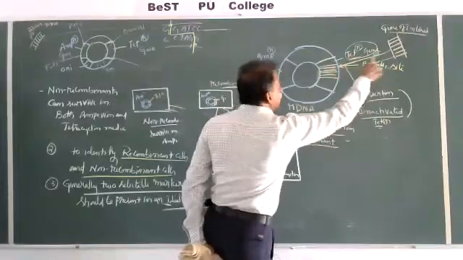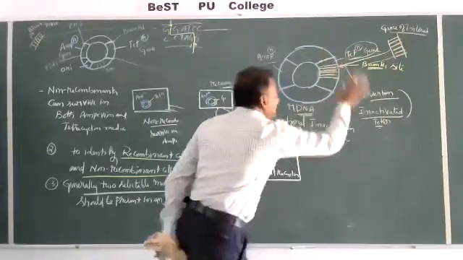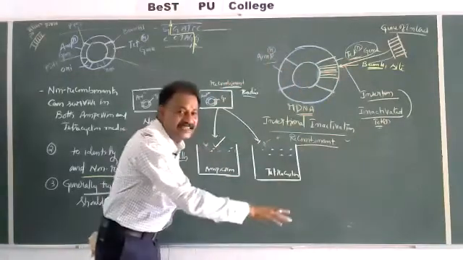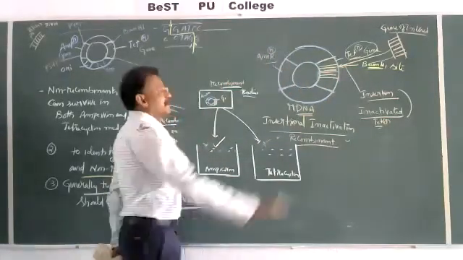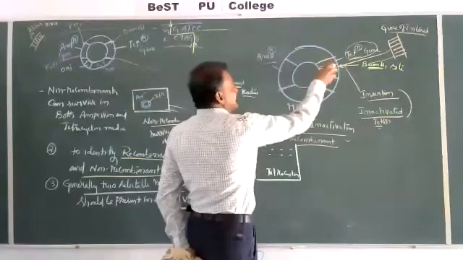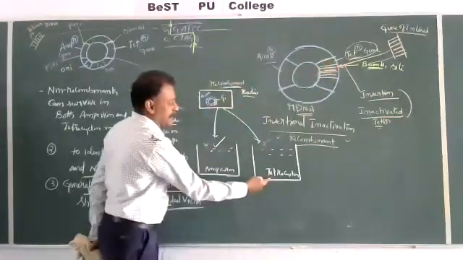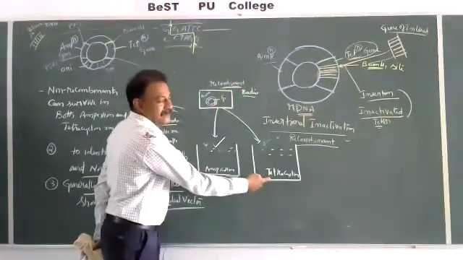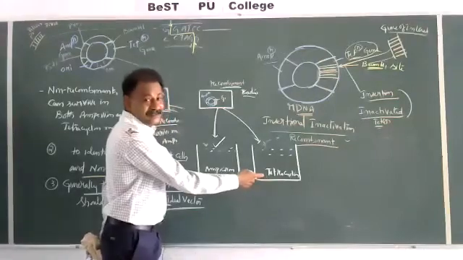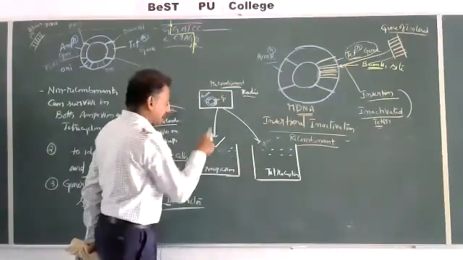By the insertion of the alien DNA, the tetracycline resistant gene stops its activity, it becomes inactivated. So recombinants cannot grow in tetracycline, whereas they can grow in ampicillin.